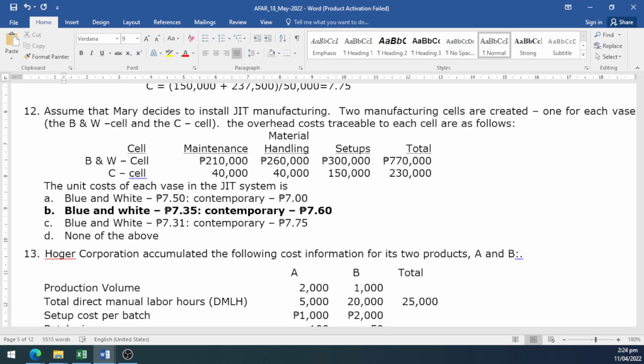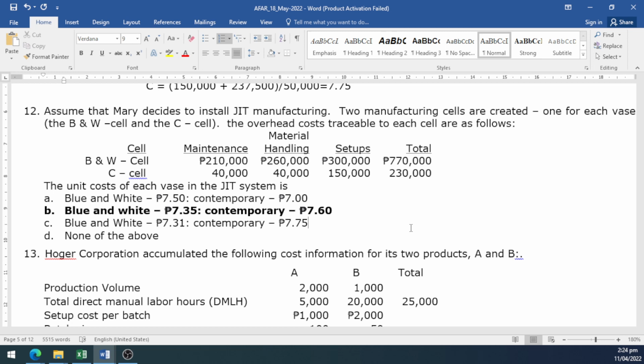At yun sa contemporary, na may 150,000 na prime cost plus 230,000 na overhead divided by 50,000 units, ayan po, yung 7.6 na cost per unit.